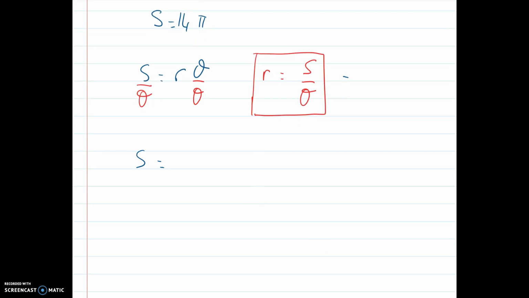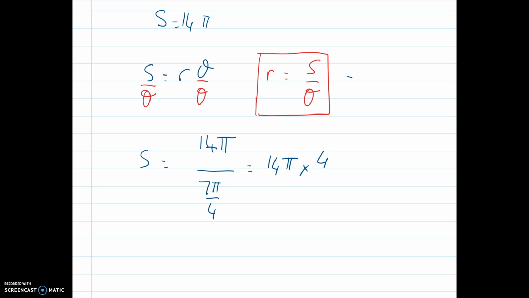Okay, so I end up having R equal 14 pi divided by 7 pi over 4. I convert the main fraction bar into a multiplication. 14 pi, multiply, and I flip the second fraction, 4 over 7 pi.